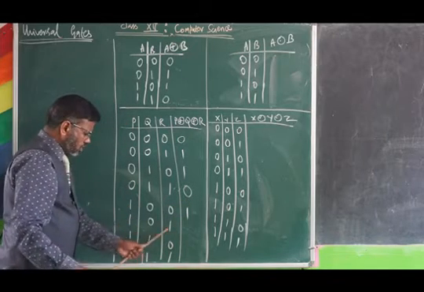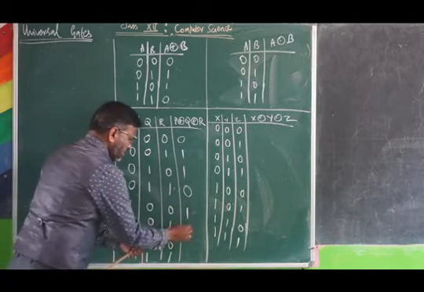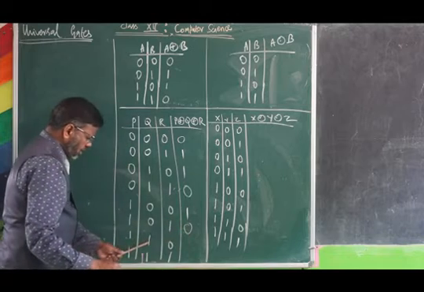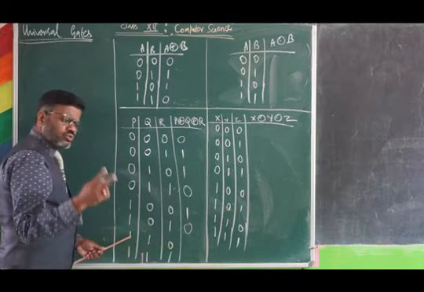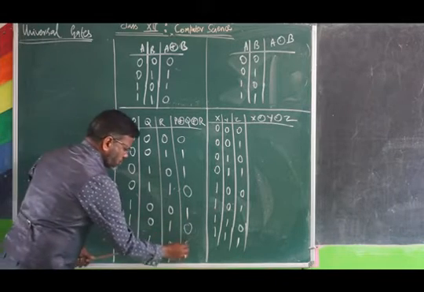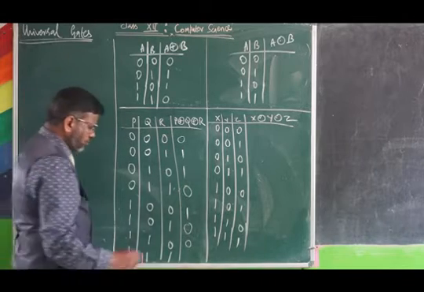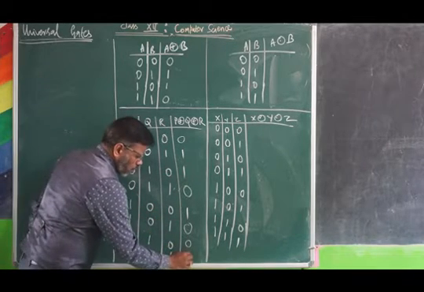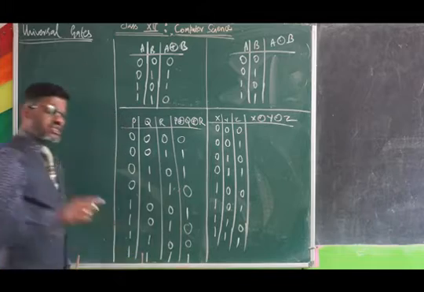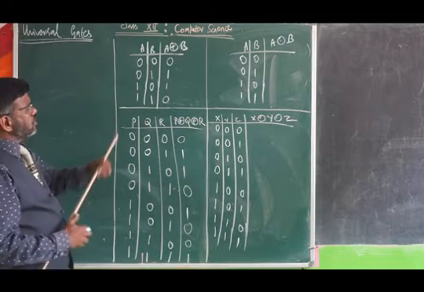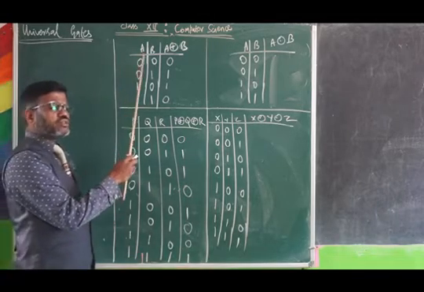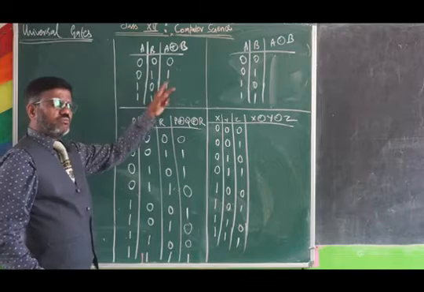How many ones are here? 2 ones are there. It is an even number. How many ones are there? 2, which is an even number. The output is 0. How many ones are there? 3 ones are there. So the output is 1 because 3 is an odd number. Here is an example of a XOR gate with two variables.